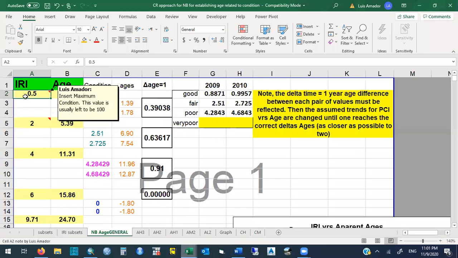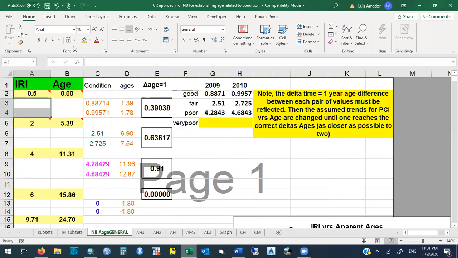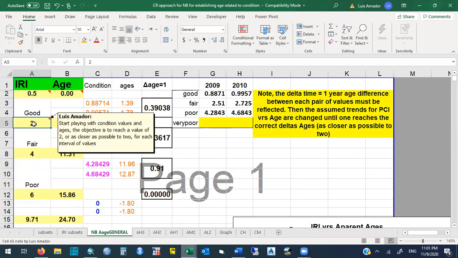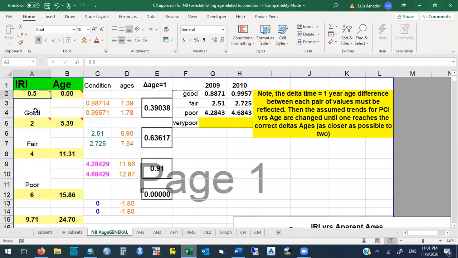So I say the good group is going to be here. The fair group is going to be here. The poor group is going to be here. The good goes from 0.5 minimum RI to 2. Now, the 0.5 is the absolute minimum I observe.